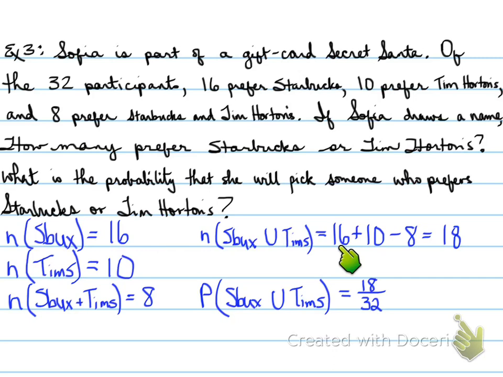So when we do this, we take 16 plus the 10 minus the 8 that prefer both, because remember, they raised their hand for Starbucks, they raised their hand for Tim's, and we found out that people counted themselves twice. So we have to subtract one of those times that they were counted, and that gave us 18. 18 out of the 32 prefer Starbucks or Tim's, and that's 9 out of 16. 9/16 chance of getting someone who prefers Starbucks or Tim's.